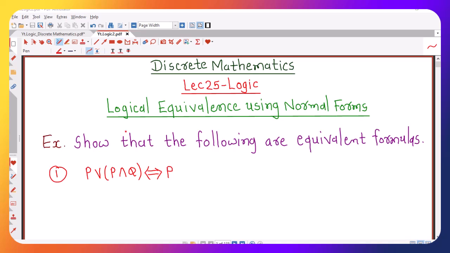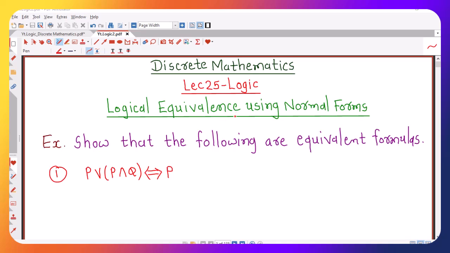In this lecture we will discuss logical equivalence of two formulas using principal conjunctive or principal disjunctive normal form. In earlier lectures we have shown how we can show that two formulas are logically equivalent using truth table.